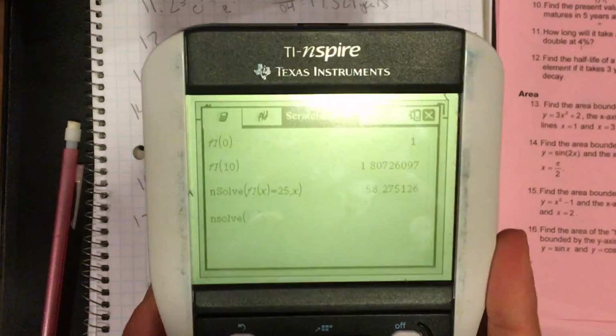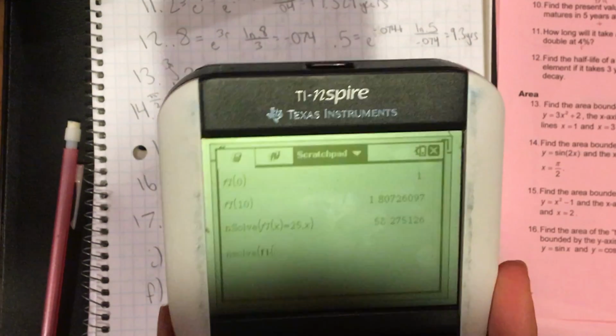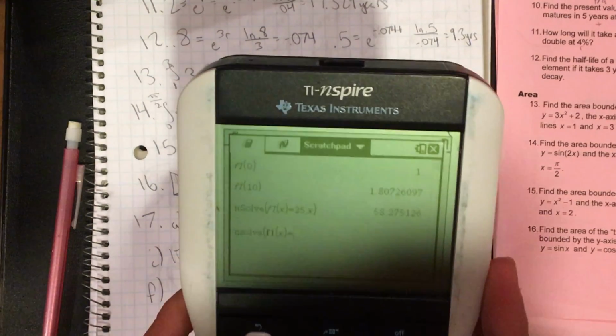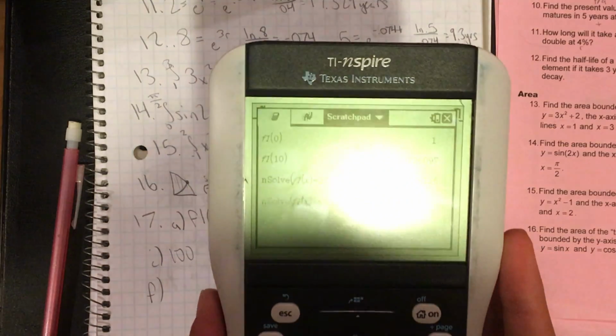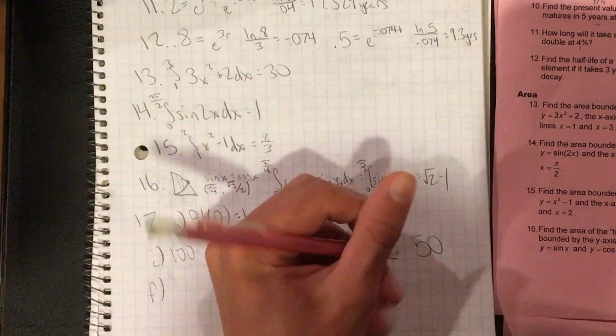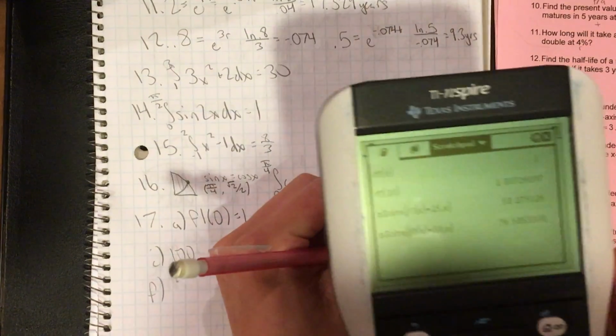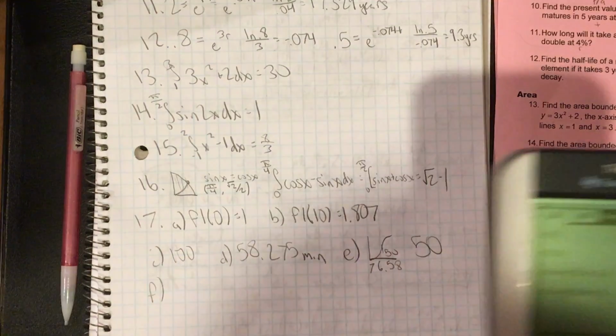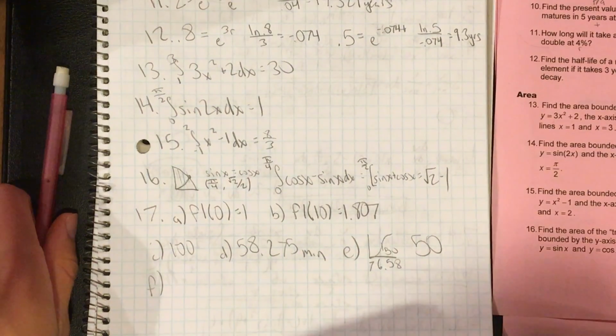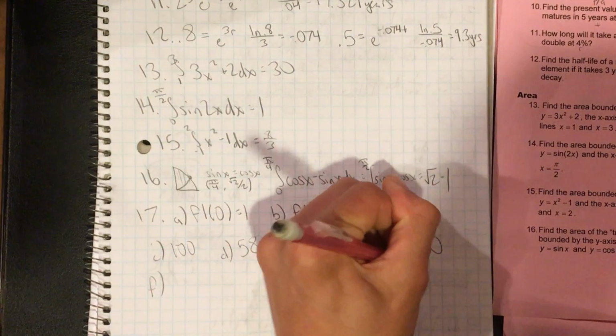Numeric solve, f1 of x equals 50. Now find x. And you should get 76.58-ish minutes.